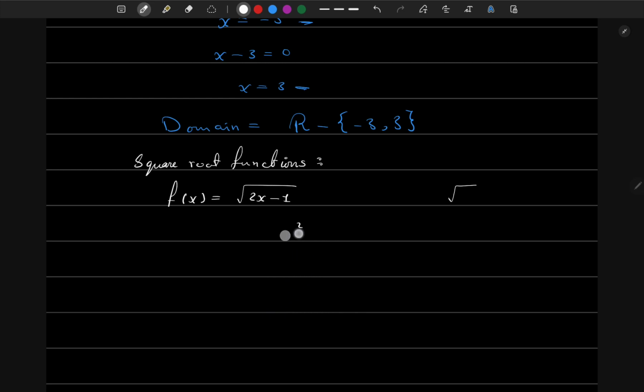So in the square root, I should be looking for only positive values. Any value of x that will cause me to get a negative number under the root is not in the domain of my function, because if I end up with a negative number under the root, then I'm not going to have a real answer.